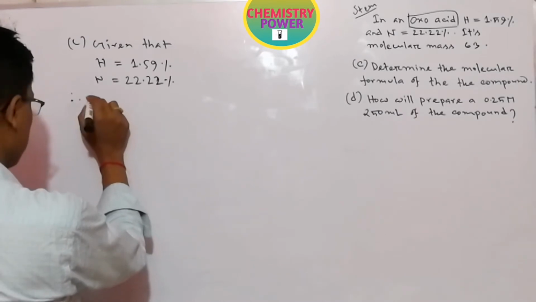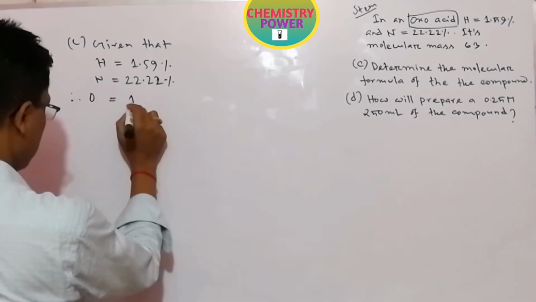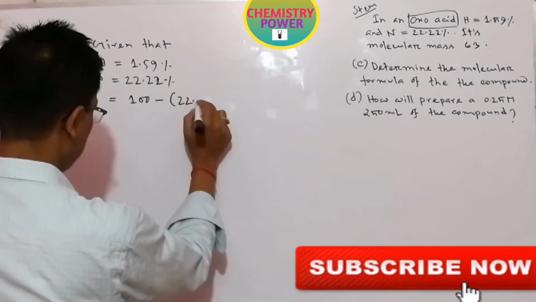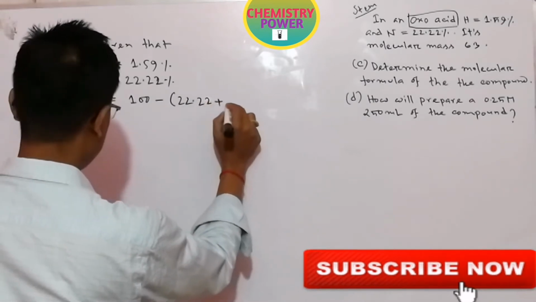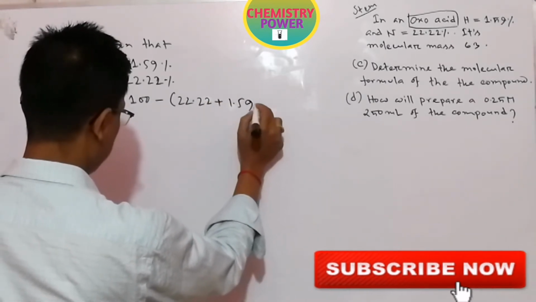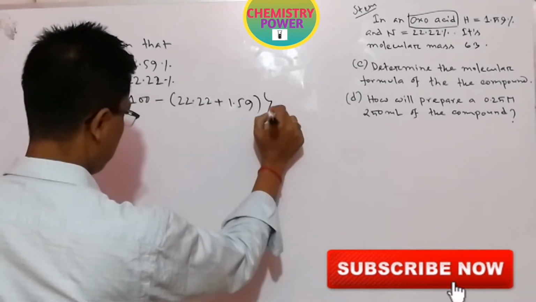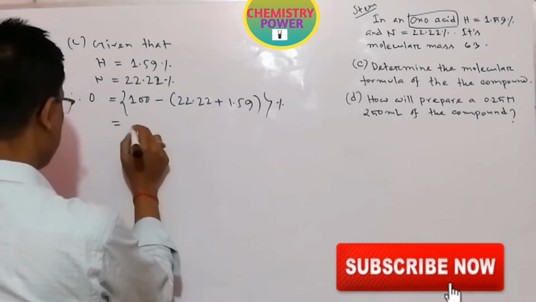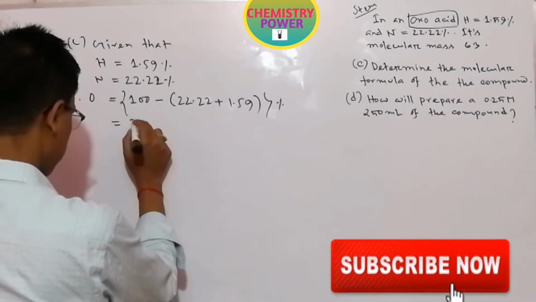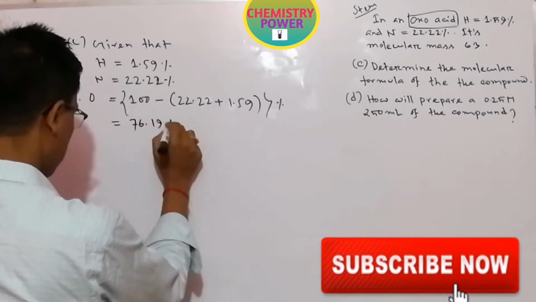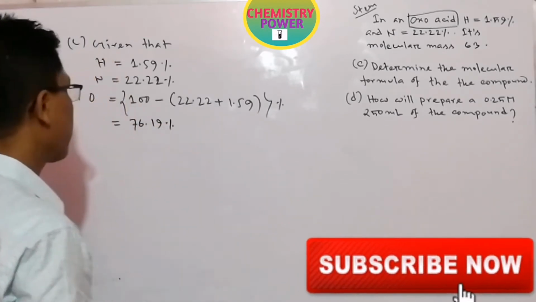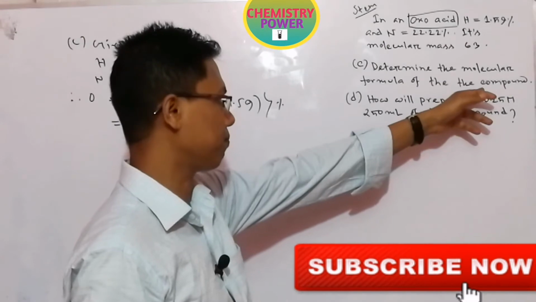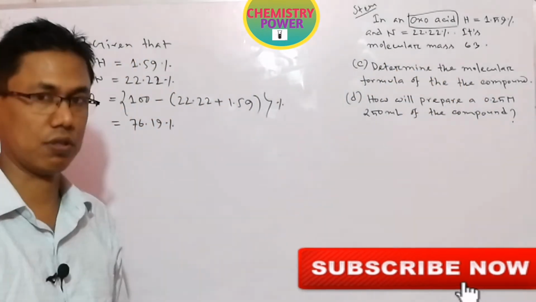Therefore, oxygen is 100 minus 22.22 plus 1.59. The percent composition of oxygen element is 76.19%. So we can find out the determination of the molecular formula of the compound from the percent composition.